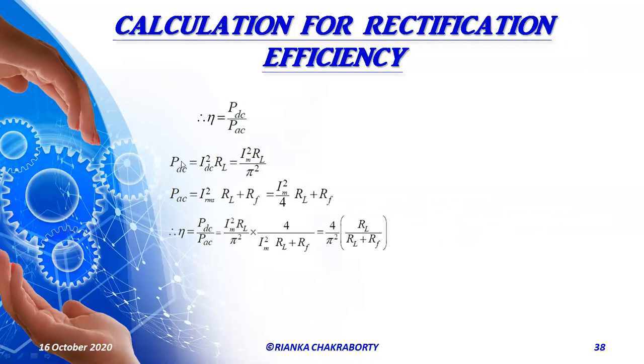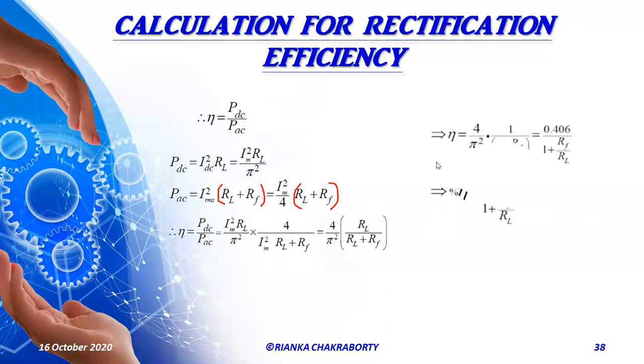First of all, here we get the value of PDC, that is Im square RL by pi square, and here we get the value of PAC, that is IRMS square into RL plus RF, here I'll give a bracket. RF is the forward resistance and RL is the load resistance.